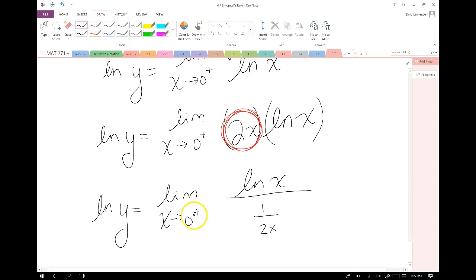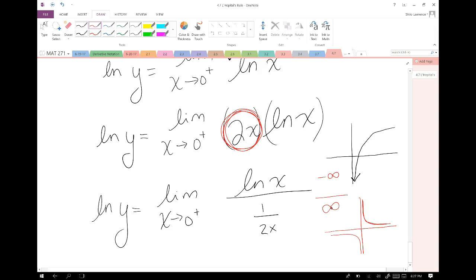as x goes to 0 from the right-hand side in the natural log function, and you might need to look at the natural log function to see this, the y value is going to negative infinity. As x approaches 0 in the 1 over 2x function, and you might want to look at the graph of this to see it, it is approaching positive infinity.